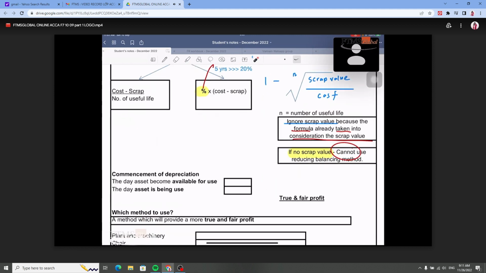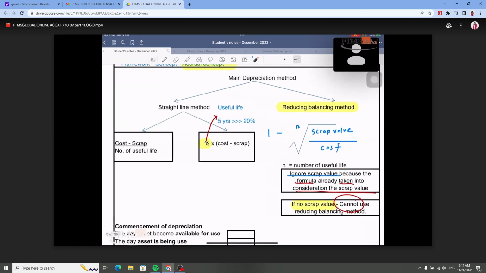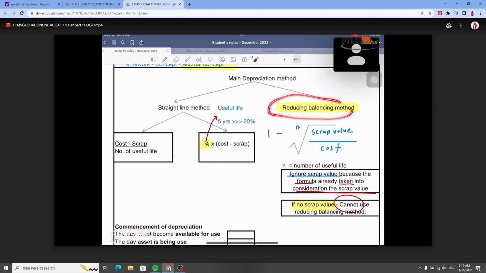Now we are doing FR, not so easy anymore. They will not tell you to use the straight line method or the reducing balance method. They just say 10%, no scrap value. That means it must be the straight line method, because if you do not have a scrap value, you can't use the reducing balance method.